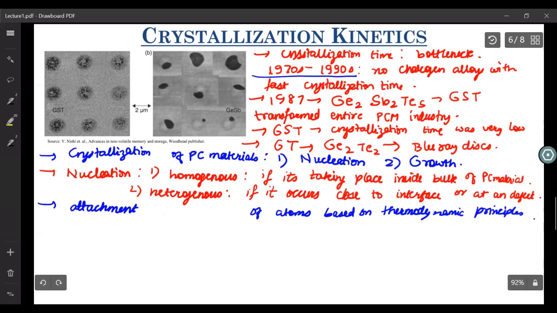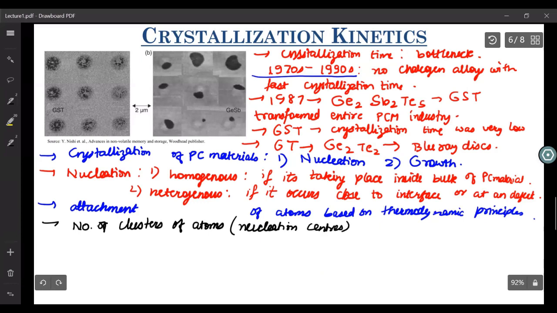What people observed was the number of clusters. What do you mean by clusters? Clusters of atoms, which are actually called nucleation centers.